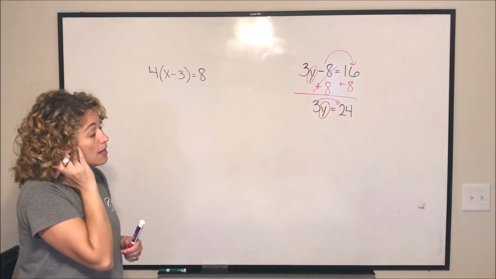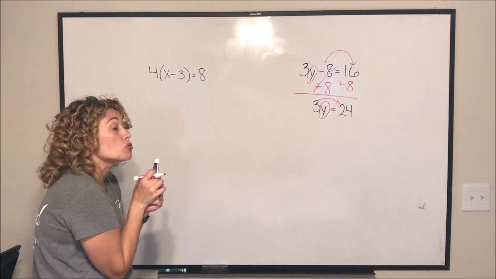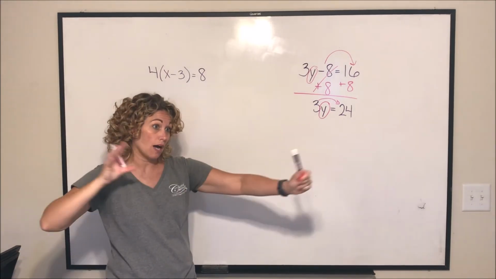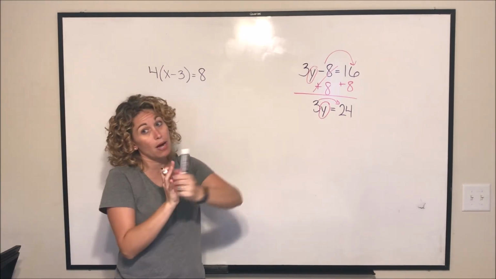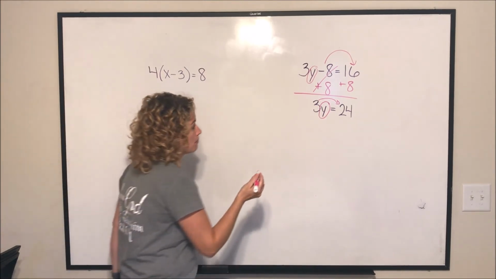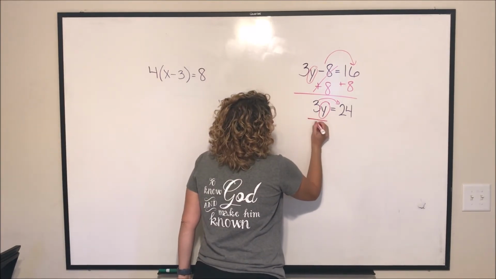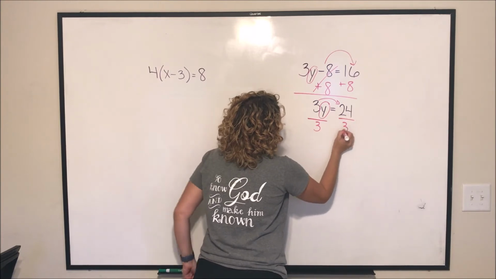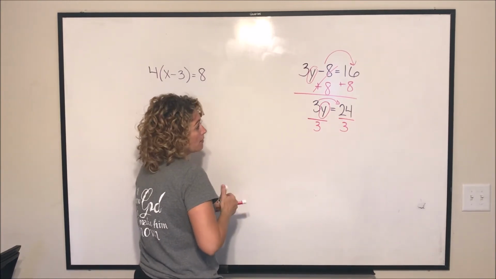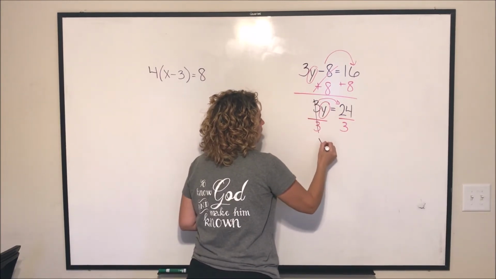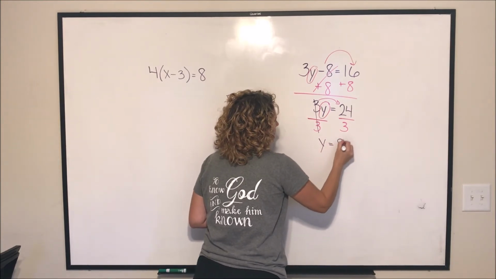To do that, this is the mom and dad. They're close, so we actually have to divide those because 3 times y, we have to divide. We do the opposite. We're going to divide both sides by 3. And that leaves us with y equals 8.